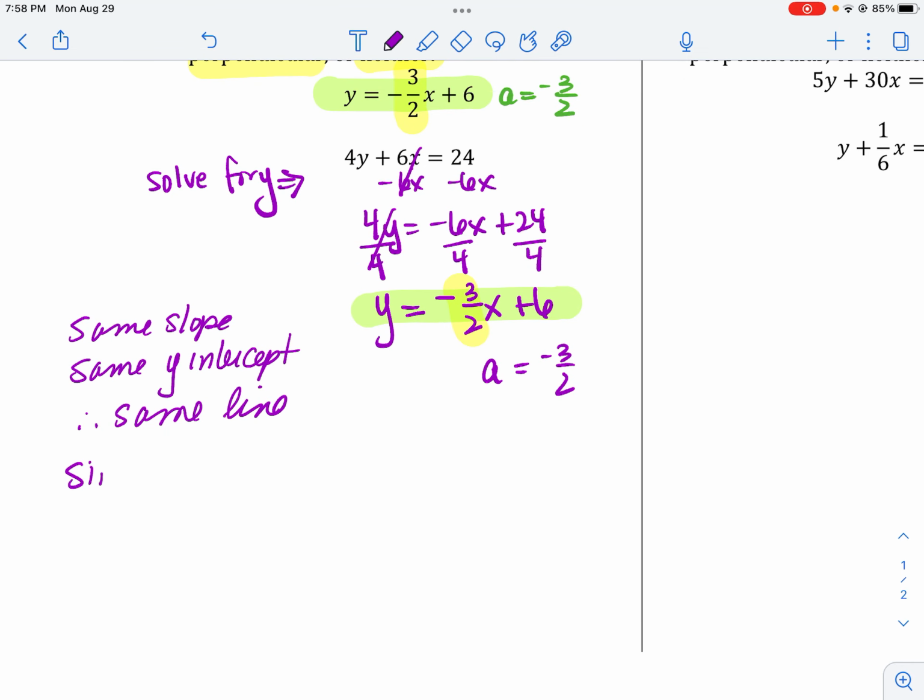These are simultaneous equations. So they are neither.